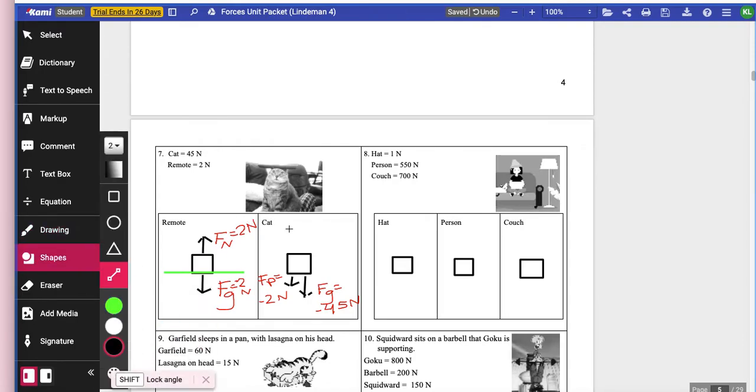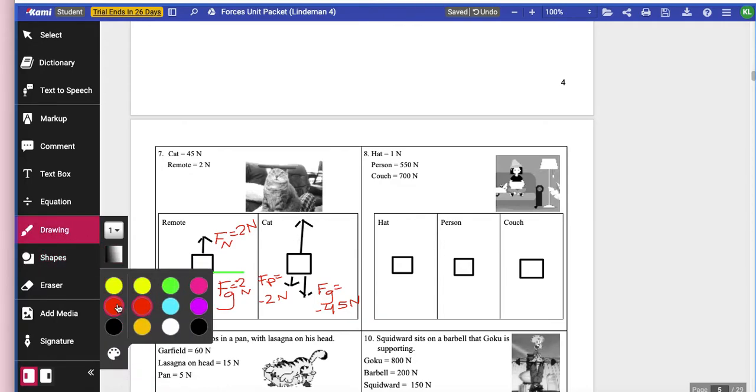And for the normal force, we want to make it taller. Fn.